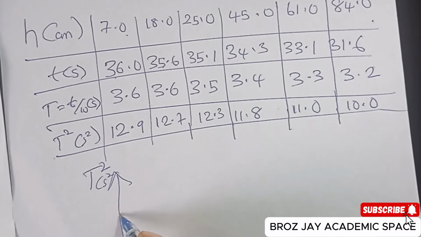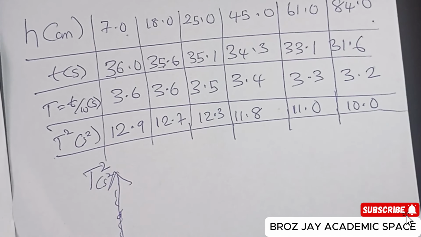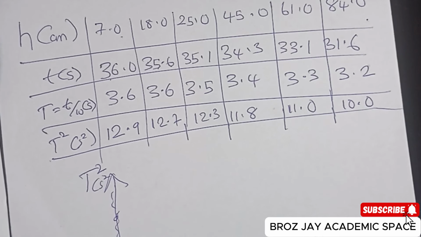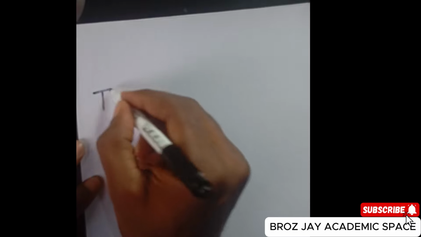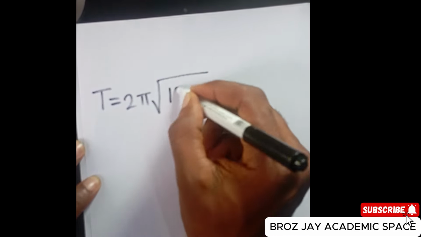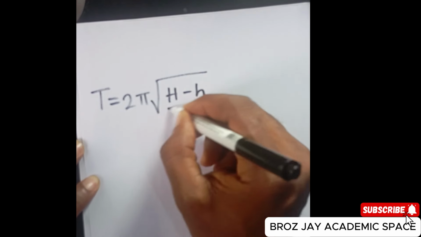The intercept will be here when plotting the graph. And write the linear equation between t square and h. So let's say the equation is t is equal to 2 pi square root of capital letter H, small letter h, all over g.